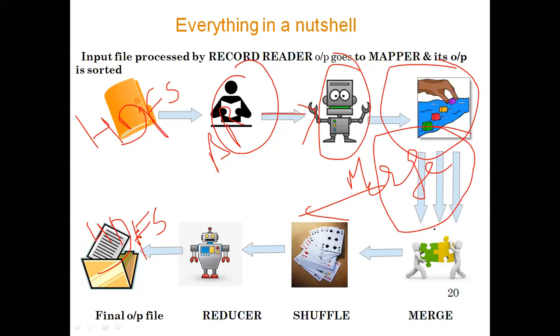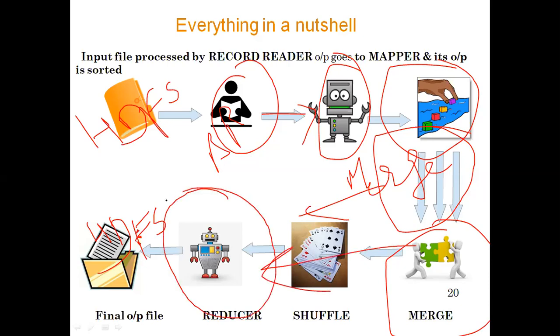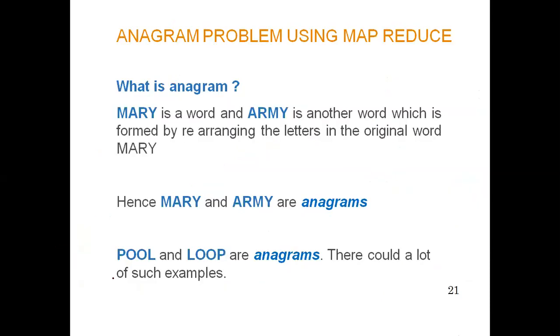Then comes the role of the merger, which gets the output from all the sites and merges it. After that, the shuffler will work. Then we have the reducer, and at the final stage, we will get the HDFS file.